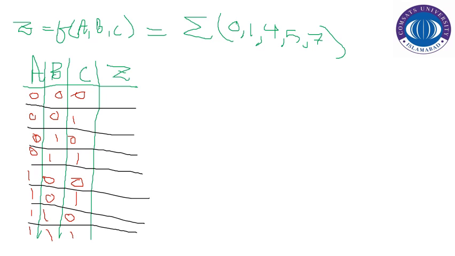And the system that has been given to you is here. This is 1, this is 1, this is 1, this is 1, and this is 1, and all the other combinations are basically 0.